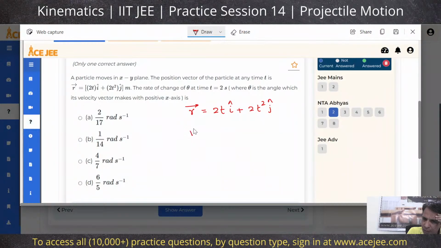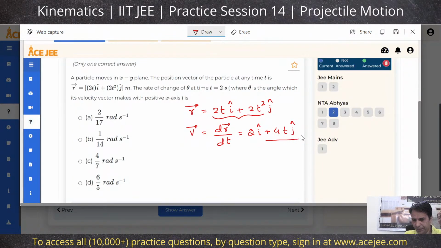So from here, we can find the velocity vector, which is the rate of change of the position vector, or we should say displacement by time, dr is the displacement in differential time dt. So if I were to differentiate this expression with time t, we'll get 2 I cap plus 4t j cap. This is my expression for the velocity vector.